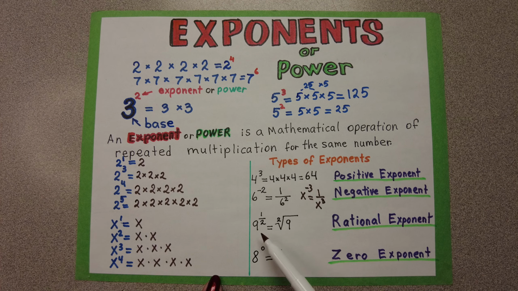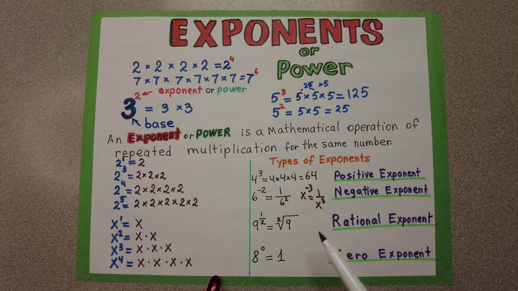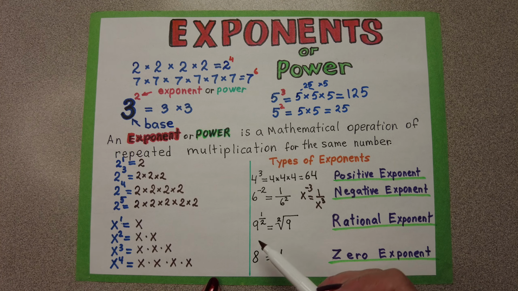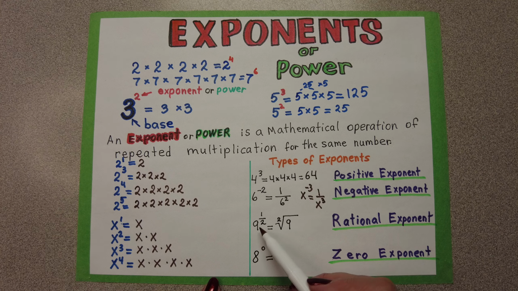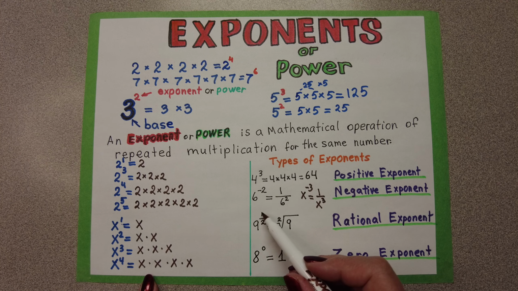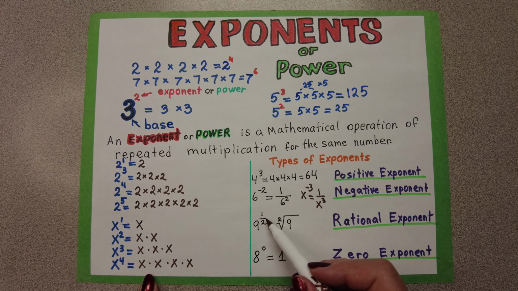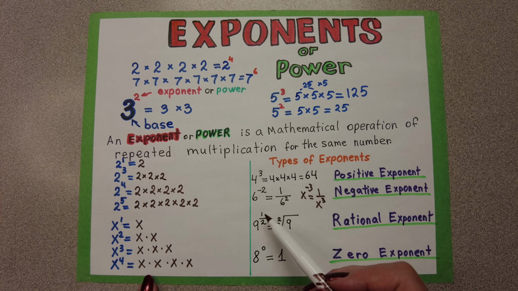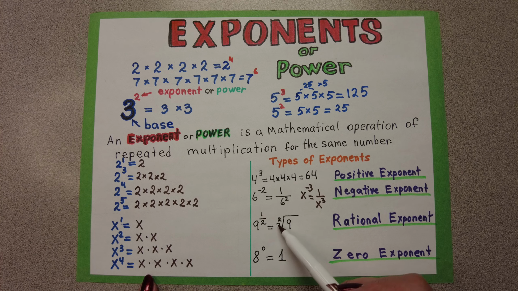So this was the negative exponent. The next exponent can be a fraction, like 1 over 2. In this case we call it a rational exponent because we have a fraction in the exponent. This is the way we solve it. This exponent becomes a square root.